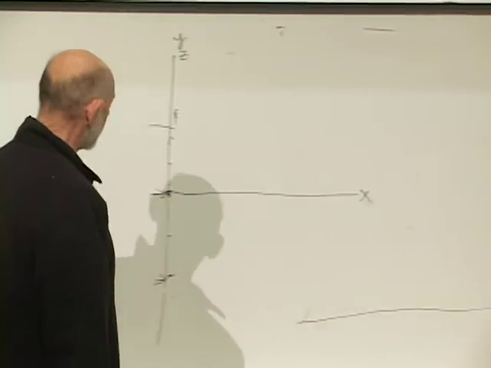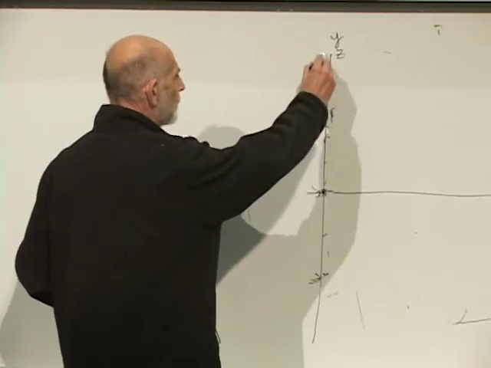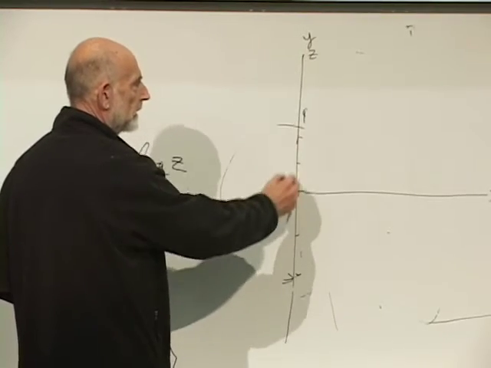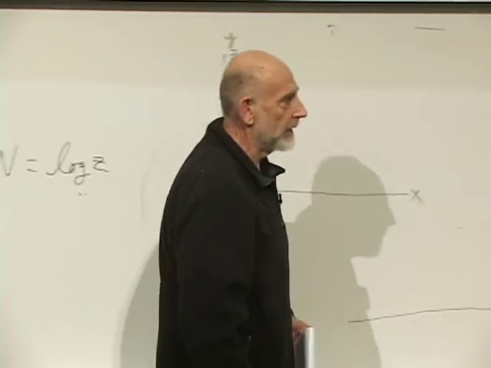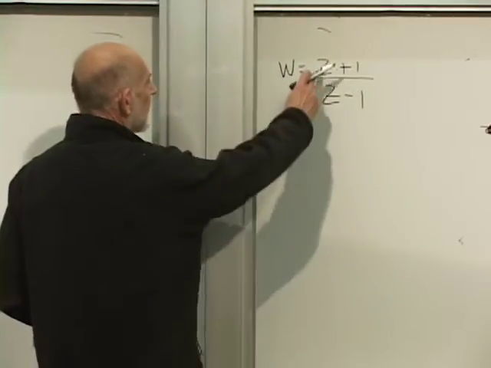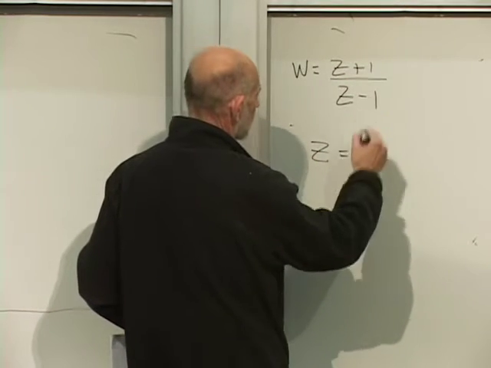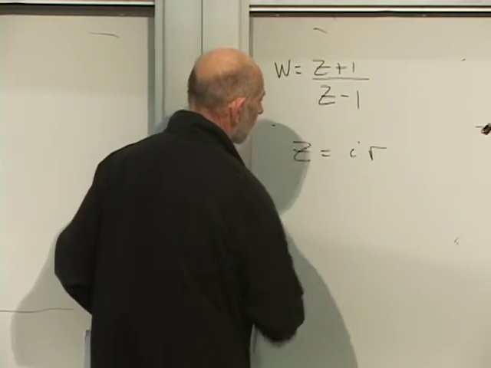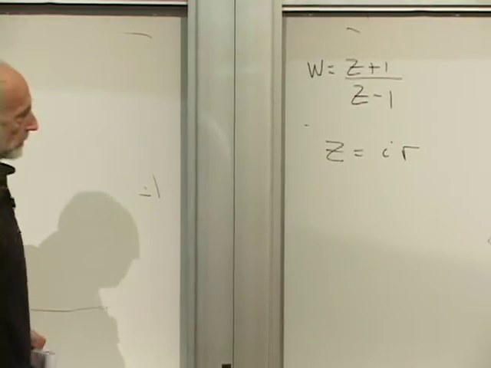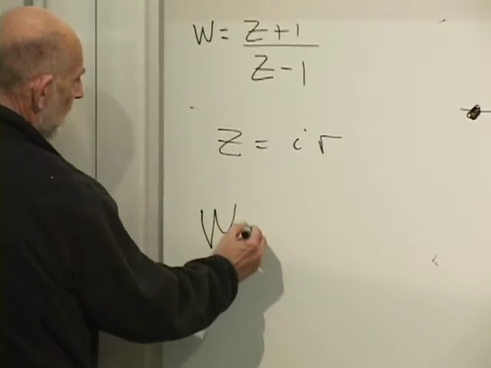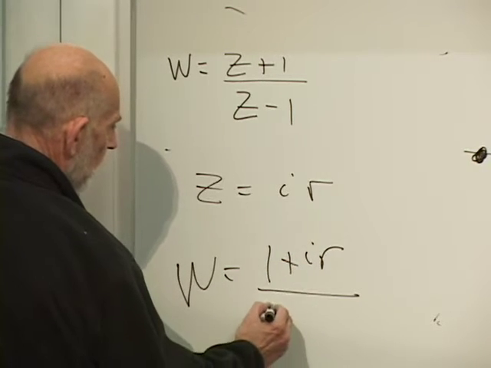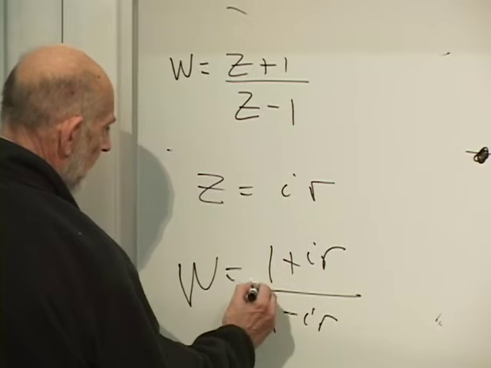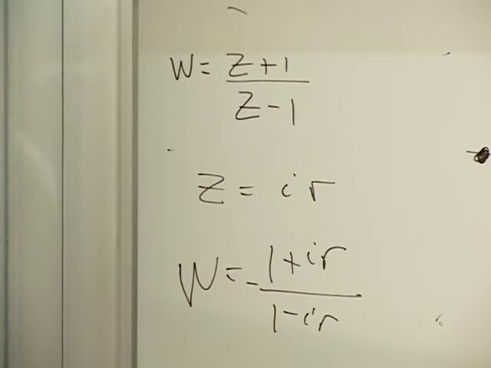How about when Z is pure imaginary up here? In other words, when it lies on the boundary of the half plane, where does it go? That means Z is equal to some real number times I, R times I. What happens to W? W becomes 1 plus IR over 1 minus IR.